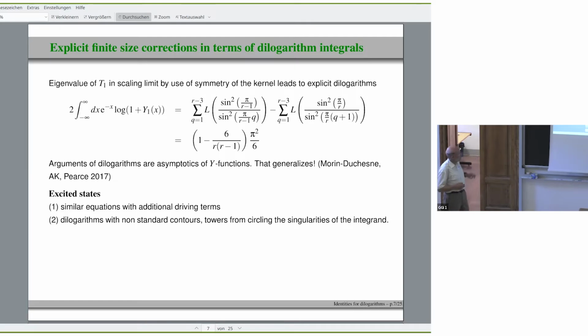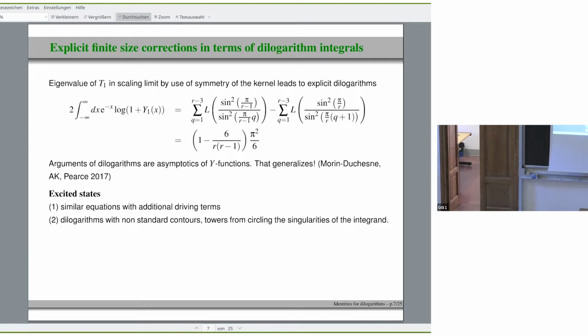But in that limit, when the kernel and the driving terms can be replaced by exponentials, and the exponential has the nice property that its derivative is proportional to itself, then you can express this integral without knowing the function y1 in terms of sums or differences of Rogers dilogarithm functions, where the arguments are just asymptotics of the function y, actually of all the y's.